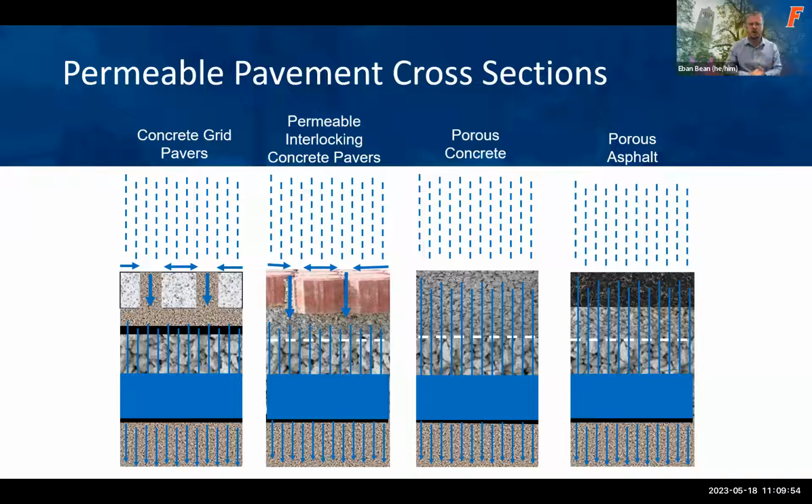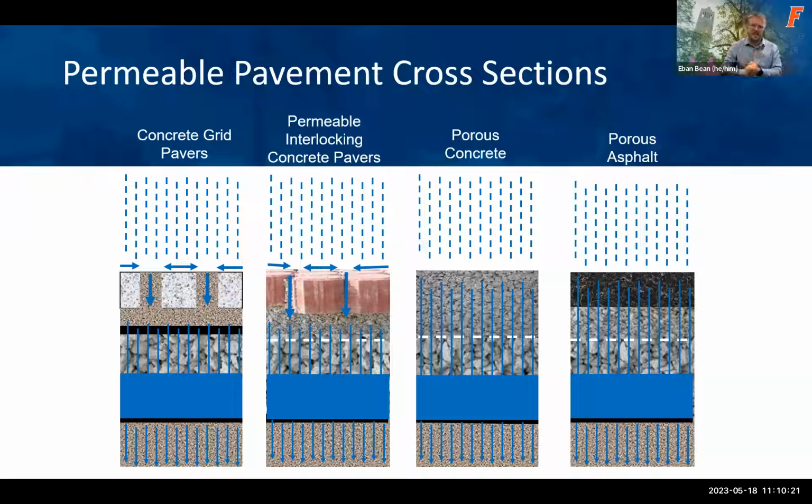The permeable interlocking concrete pavers are going to have gaps in between the pavers where those pavers meet, and the layers underneath are typically going to be a bedding layer right below it. There can be what's called a choker course of stone, and then a reservoir course, an even larger stone, and then you have the subsoil down below.